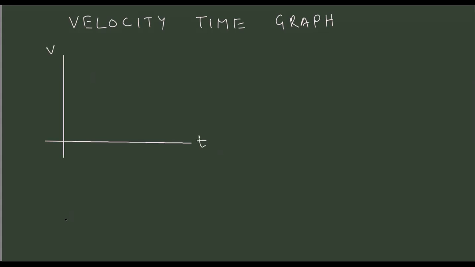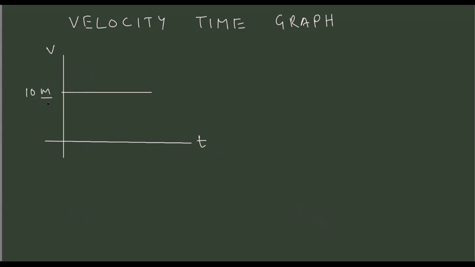Now, suppose the velocity is constant, that is, the velocity does not change. As an example, a particle is moving along a straight line and the velocity is 10 meter per second.